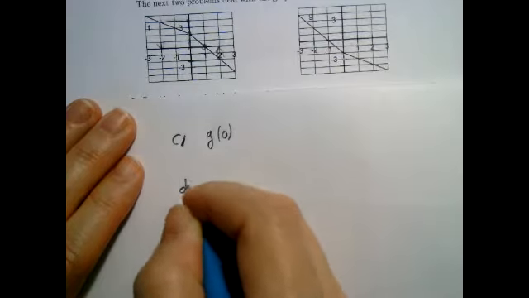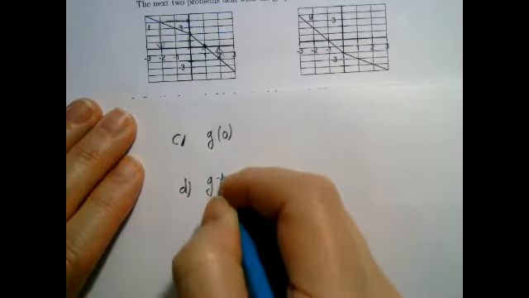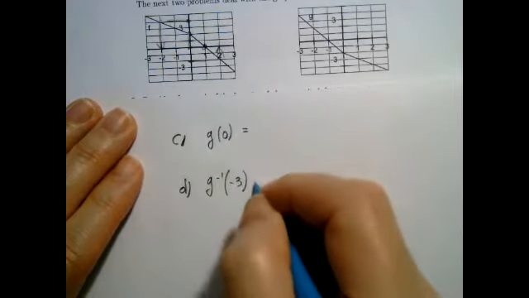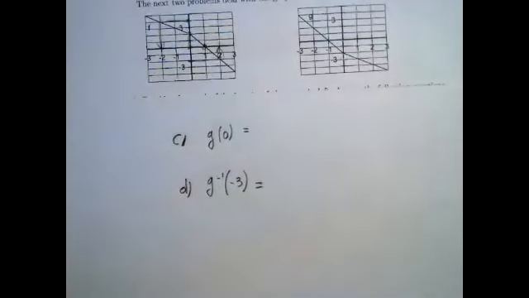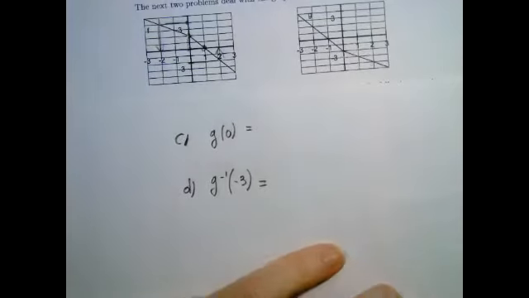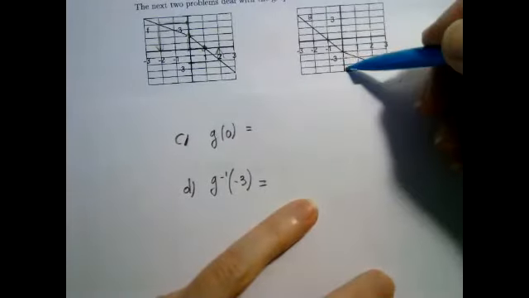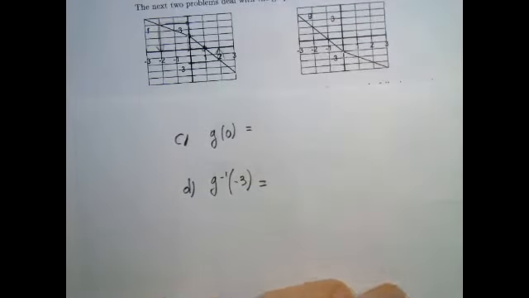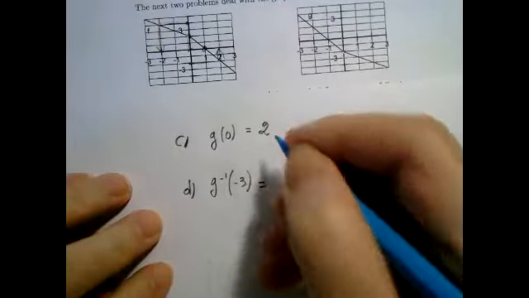Very quickly. And D. What's G inverse of -3? Just to get back on track. Okay, so G of 0, that's my function G. This is G, this is 0. G of 0, what's the output at 0, which is absolutely 2.